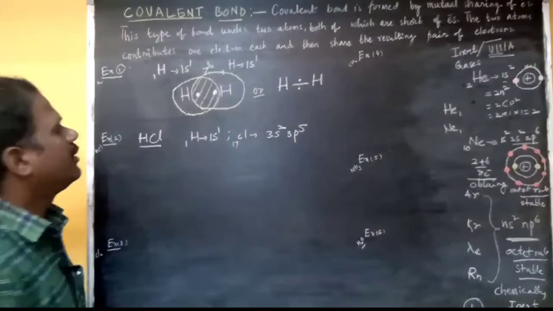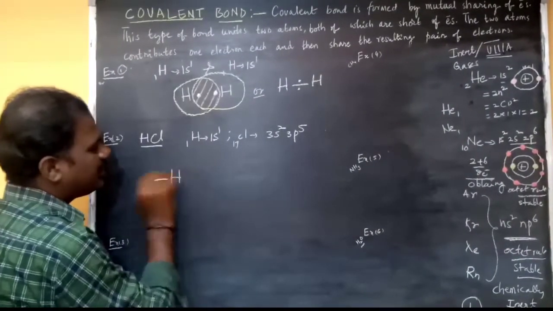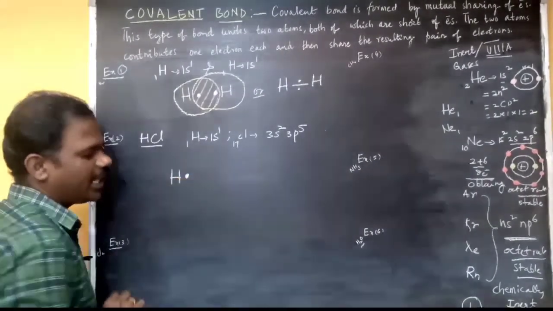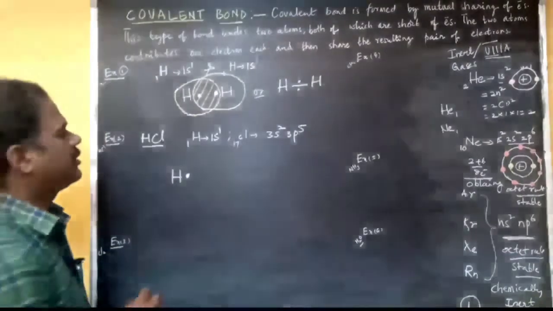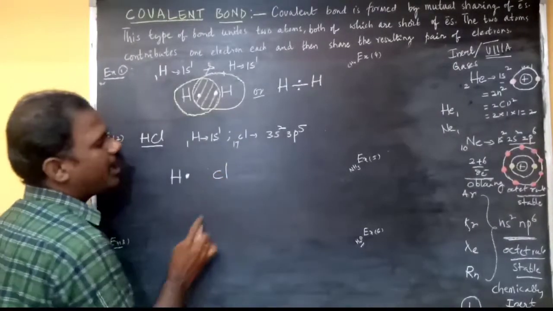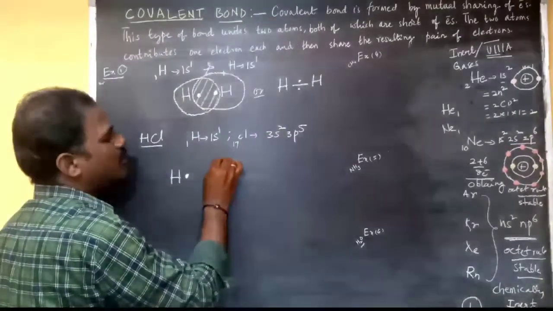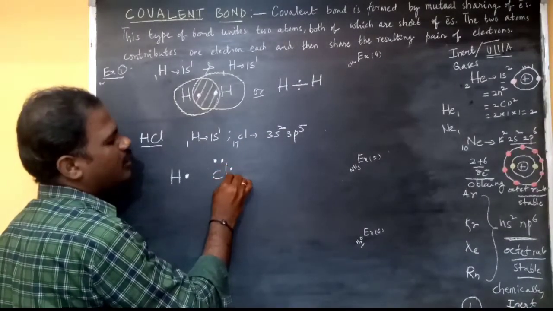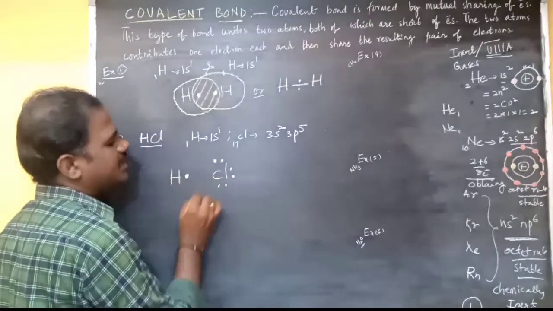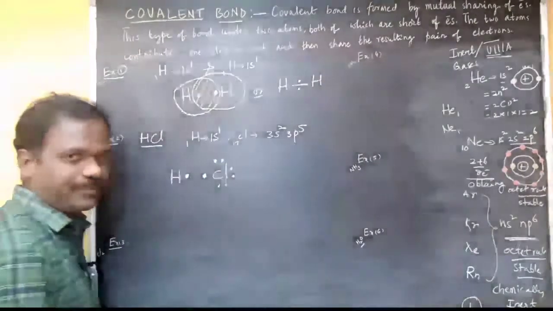Then hydrogen has one electron, and chlorine has 7 electrons. So 1, 2, 3, 4, 5, 6, and 7.